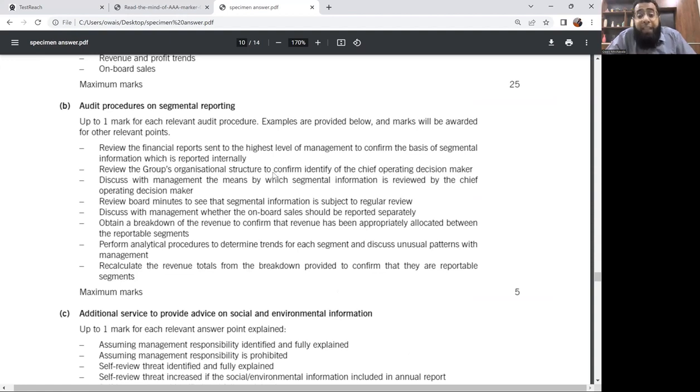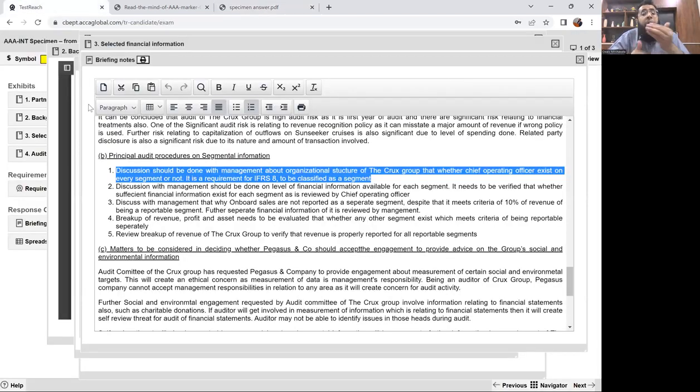Review the group's organizational structure to confirm identity of the chief operating decision maker, that whether chief operating officer exists. Discuss with management the means by which segmental information is reviewed by the chief operating officer. Review board minutes to see that segmental information is subject to regular review. So you can refer to the marking scheme while you are reviewing your procedures.